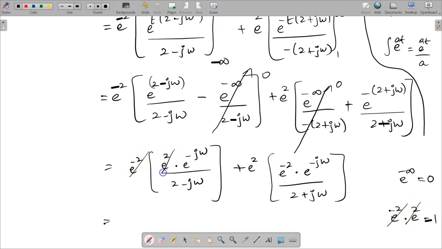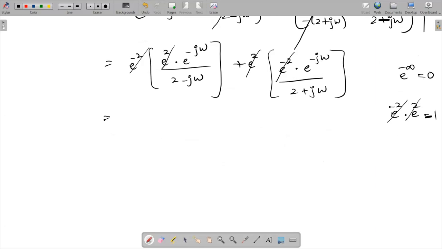So this and this get cancelled, similarly this term gets cancelled. So I am getting in the numerator e power minus j omega. So this is e power minus j omega divided by 2 minus j omega, and coming to the second term, it is e power minus j omega divided by 2 plus j omega.